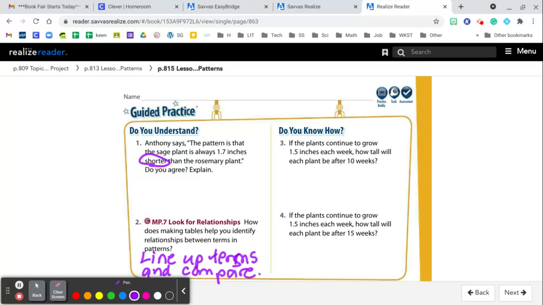If the plants continue to grow 1.5 inches each week, how tall will each plant be after 10 weeks?